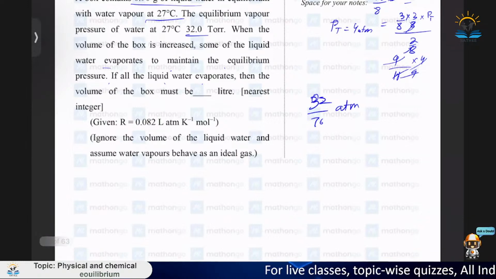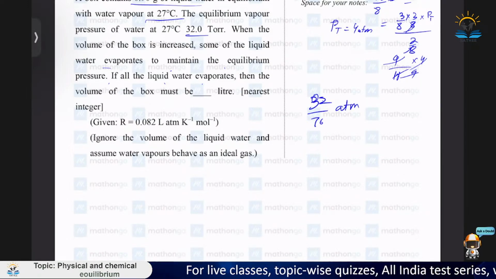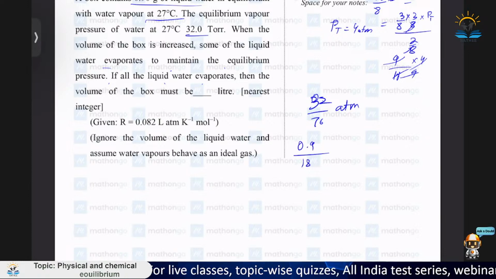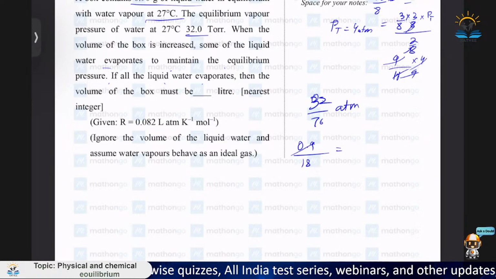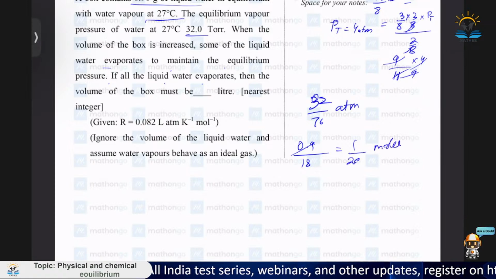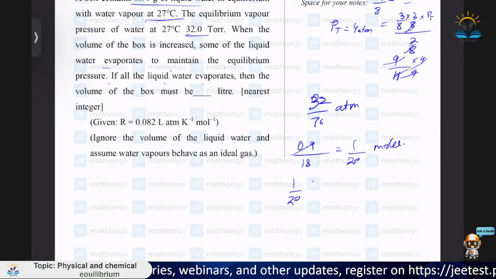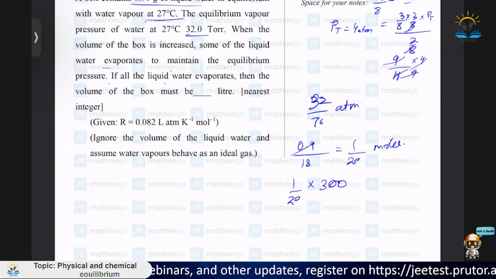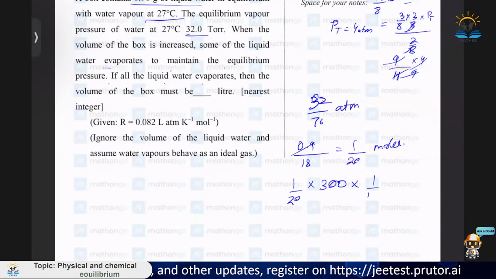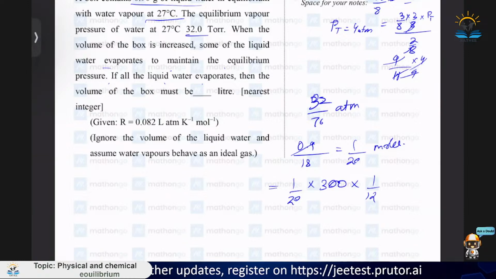So if no water is remaining, 0.9 gram, how many moles are there? If we divide by the molar mass, it is almost 1 by 20 moles. This is the gas phase. So 1 by 20 moles are in the gas phase. Temperature is 300. R we can take as 1 by 12. Volume we don't know. Pressure we know, 32 by 76.